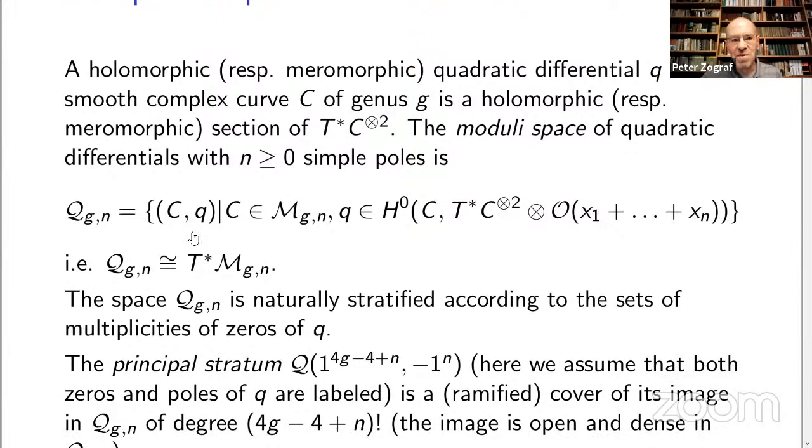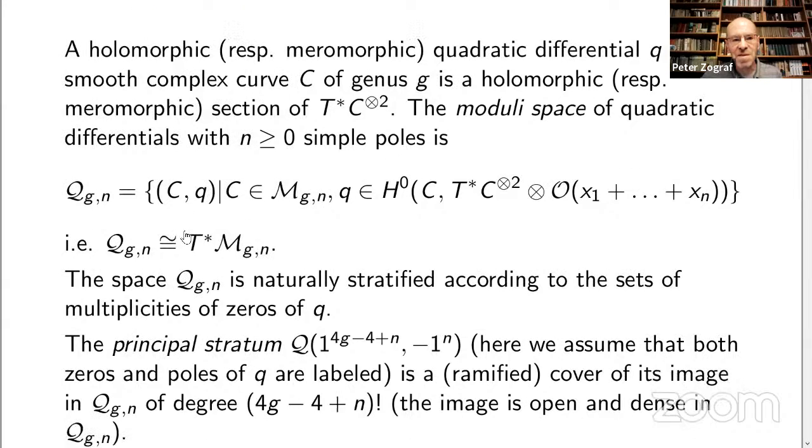In other words, the moduli space of quadratic differentials of genus g with n simple poles is isomorphic to the holomorphic cotangent bundle to the moduli space of curves of genus g with n marked points.